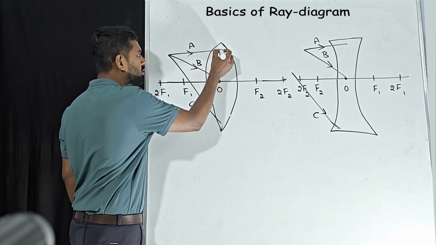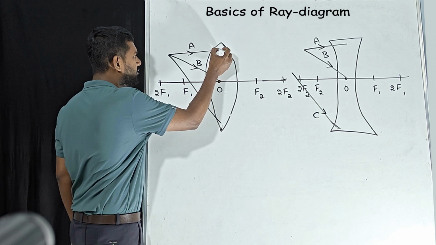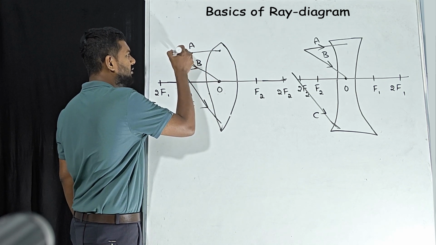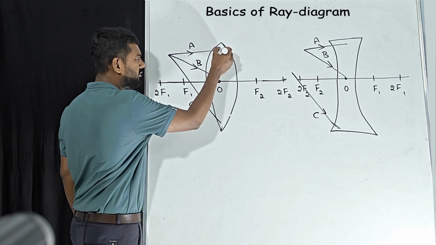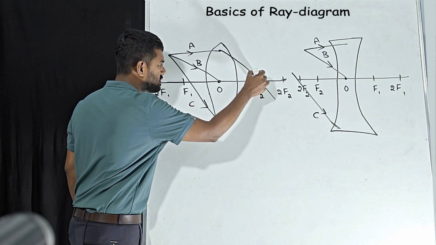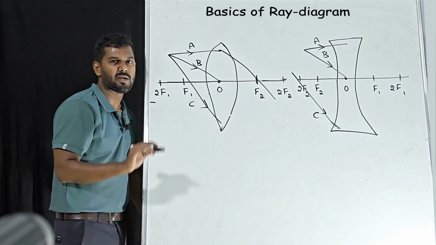After reaching the midpoint only, it starts refracting. We are talking only about the parallel ray. If it is parallel to the principal axis, after refraction it passes through f2, keep this in mind.